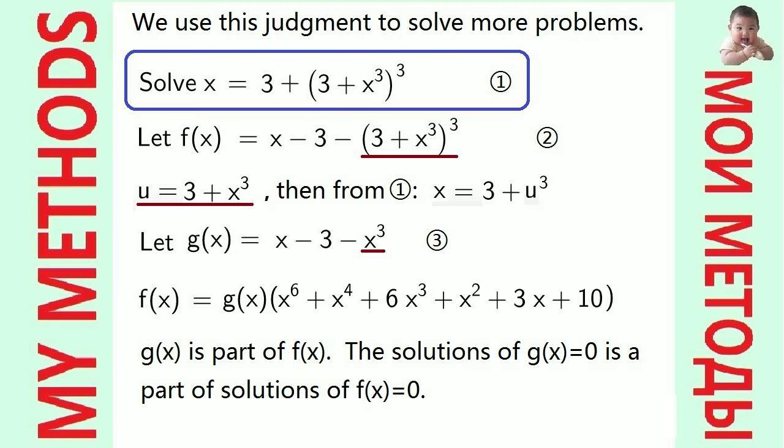Move the right side to the left side, we have f(x) like this. We use u equal to this expression, 3 plus x cubed. Then from this one, we have x equals 3 plus u cubed.